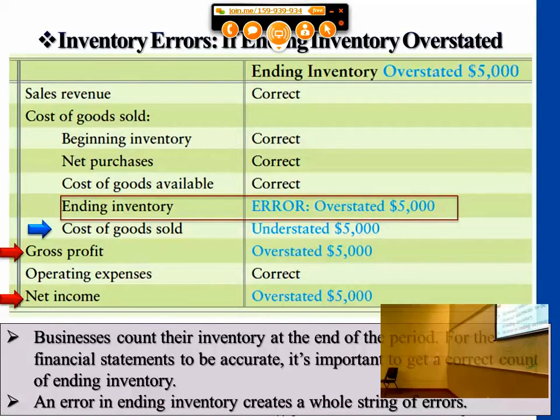The tip to remember this is that cost of goods sold expense always has the opposite understatement or overstatement effect compared to the other three accounts. Ending inventory, gross profit, and net income always have the same overstatement or understatement effect. Cost of goods sold has the opposite.